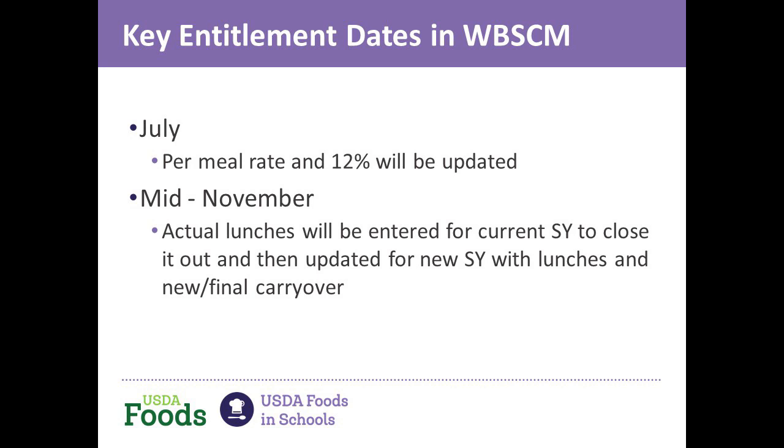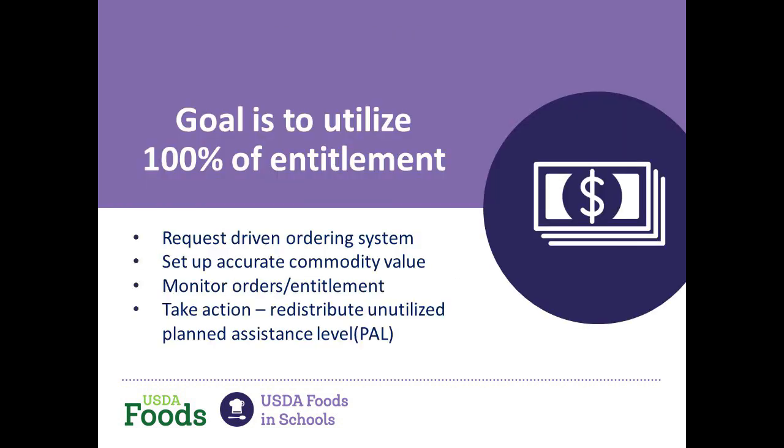And in mid-November, the lunches will be updated to the actual lunches in the National Data Bank. Also in August and September, after the school year has ended, any account that can be reconciled to actual spent will be, for example, the USDA DoD Fresh program.